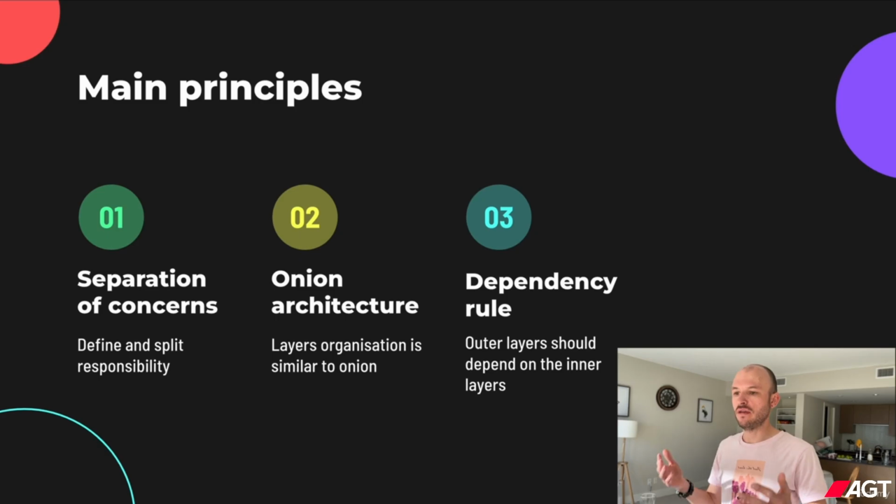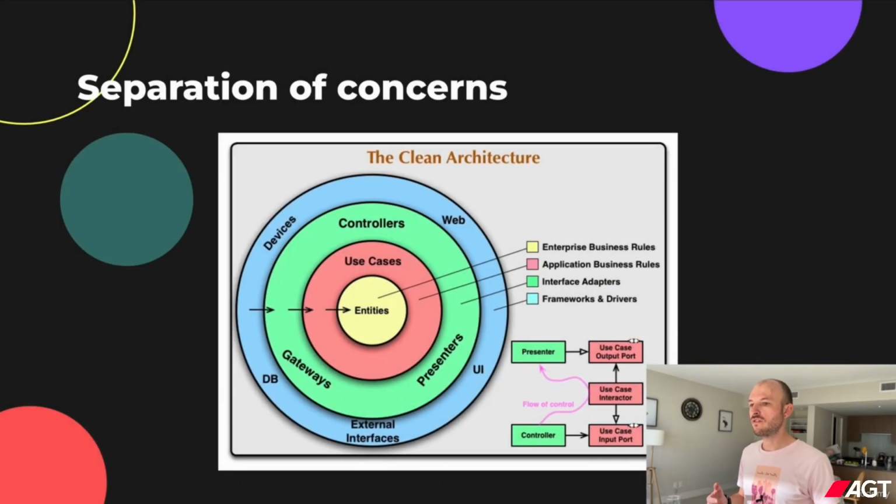Let's talk about them. The key concept of clean architecture is the separation of concerns. This means that different parts of codebase should be organized and designed around specific concerns or responsibilities, rather than being tightly coupled or interdependent.